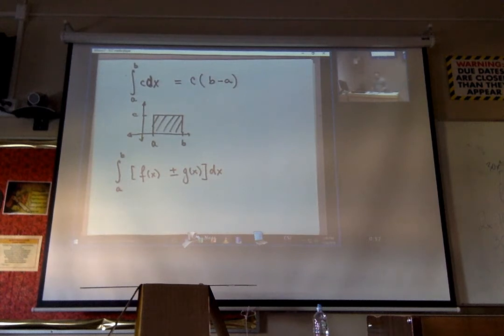The whole idea of this property is that you can split this into two integrals or three integrals, depending on how many functions you have. So we have the integral from A to B of f of x dx, and then plus or minus whatever, the integral from A to B of g of x dx.